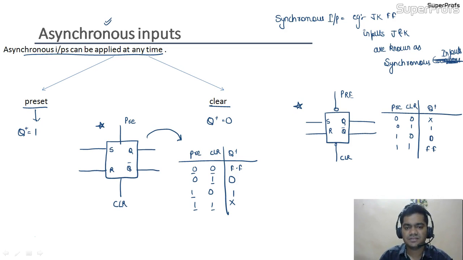Initially we are going to see an up counter, then we construct a table for a down counter, and then we are going to design some counters with different mod values. Okay, so quickly write these points, then we are going to see asynchronous counters.